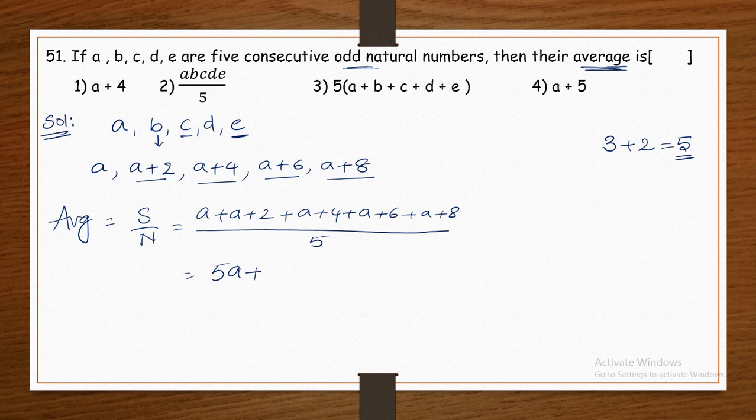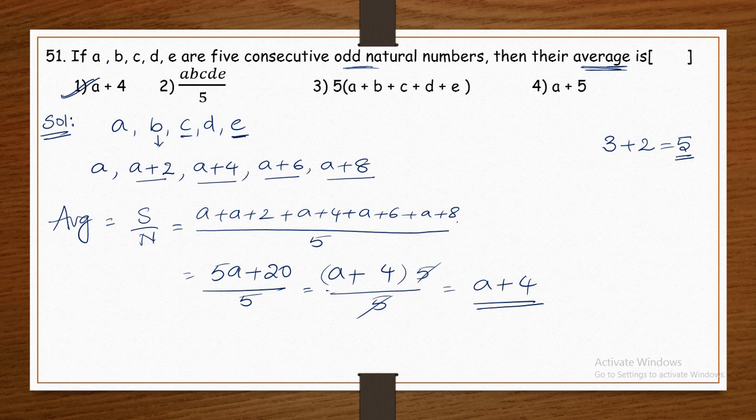So 2 plus 8, 10. 6 plus 4 is 10. So 10 plus 10 is 20 divided by 5. If I take 5 as common in the numerator, I am going to have A plus 4, into 5, divided by 5. So this 5 gets cancelled. Hence the answer is A plus 4.